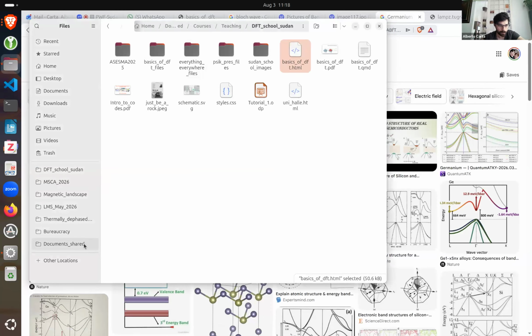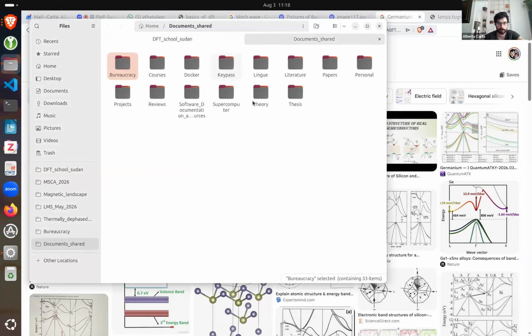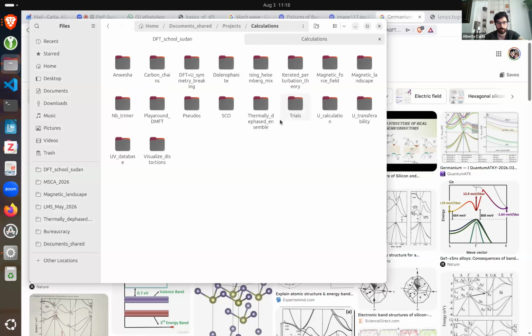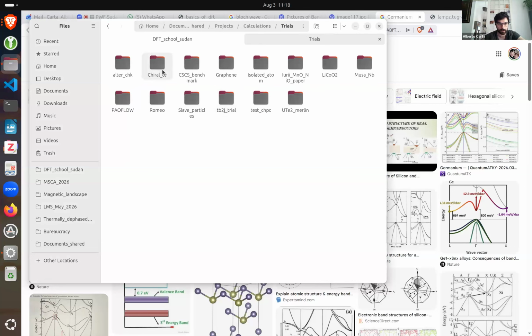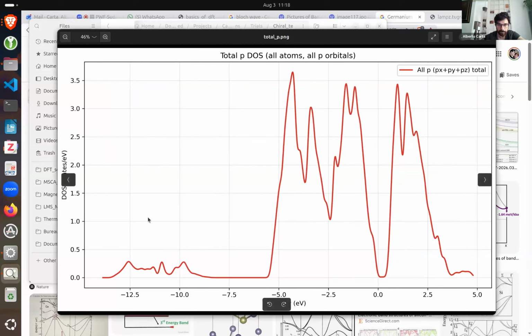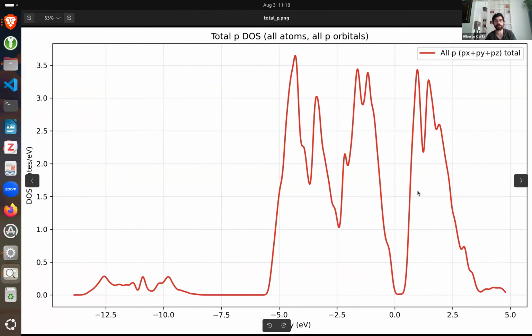Okay. So here, maybe let's look at one calculation of mine. Maybe I can show you some real DFT calculation. So this is the density of states for tellurium.